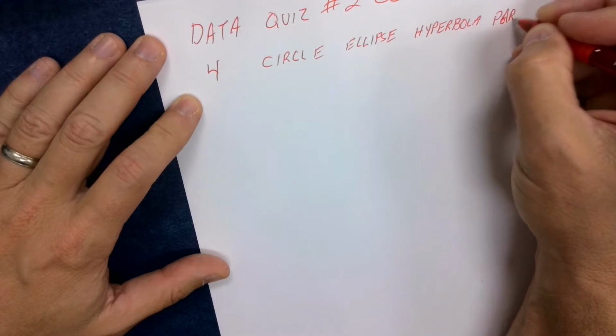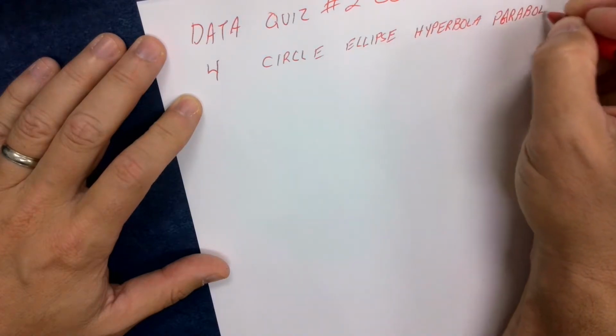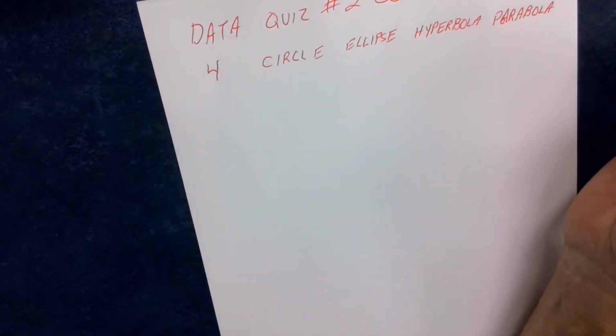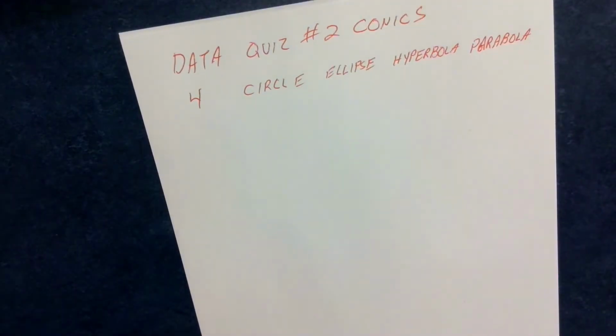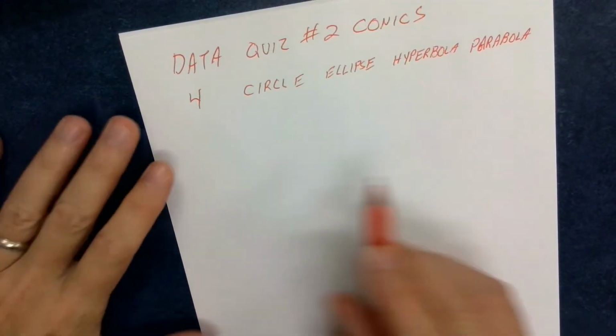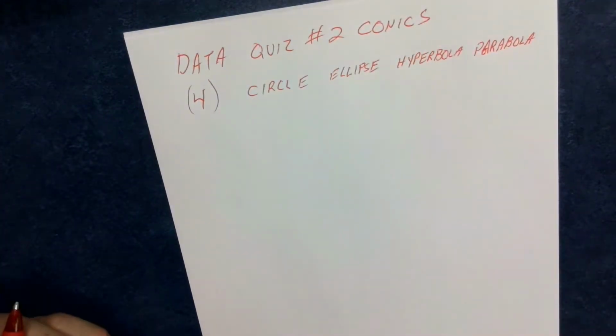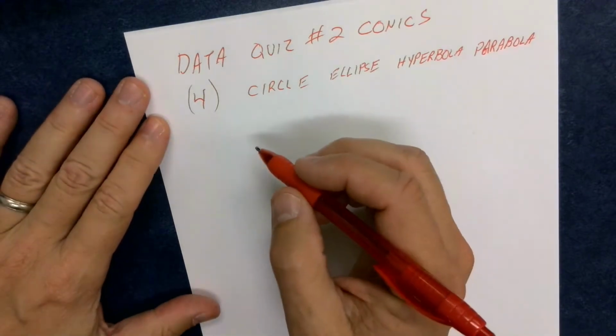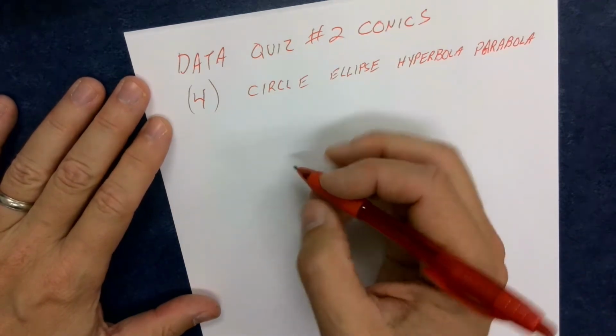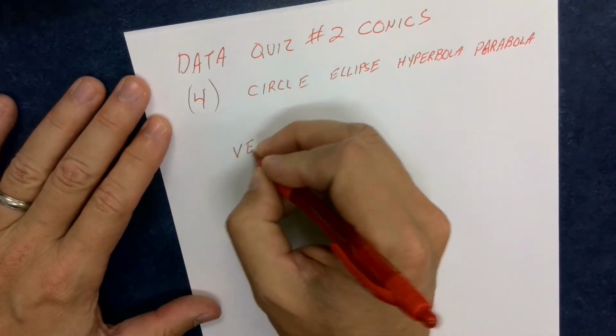So not only do you need to know all those things, you need to know what their equations look like, how to manipulate them, graph them, all of those things, but at the most basic, you need to know that there's 4 of them and be able to tell what they look like.